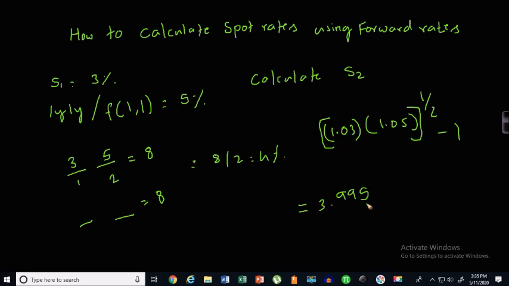Let's see one more sum. A 2-year spot rate is equal to 4%. 2y, which can also be written as f2, forward rate for 2 years after 2 years. This is, let's say, 6%.